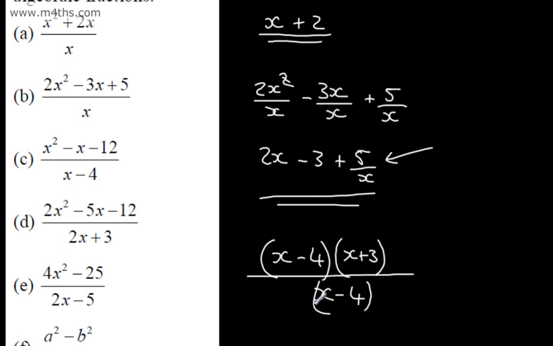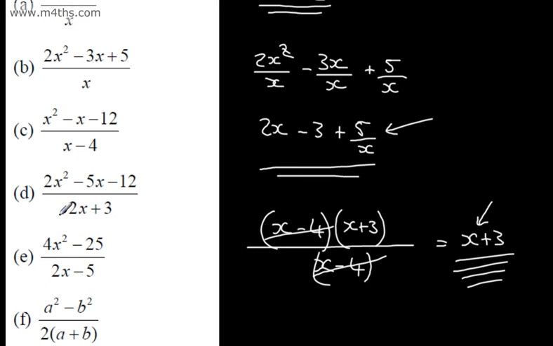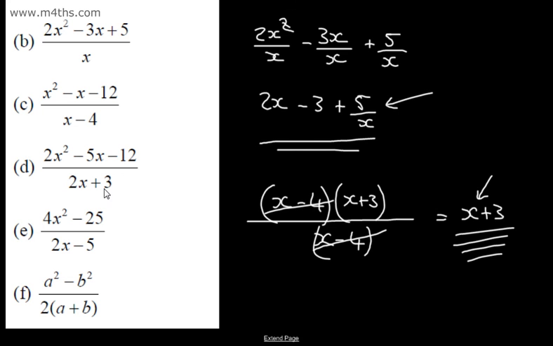We can cancel common factors. The common factor is the x minus 4, and that would simply now leave us x plus 3. This is what we call a linear factor, as we've got now x to the first power. Or you could say that the degree is 1. Here the degree is 2, and here the degree is 1. That's the power, the highest power on x in the polynomial.